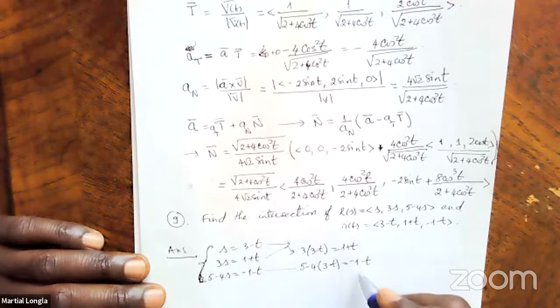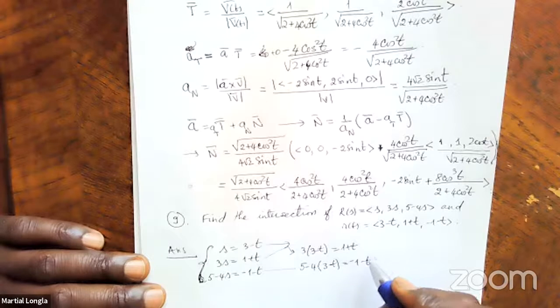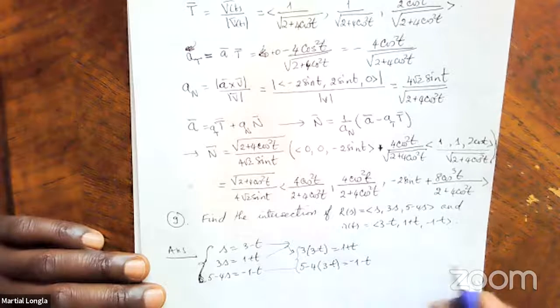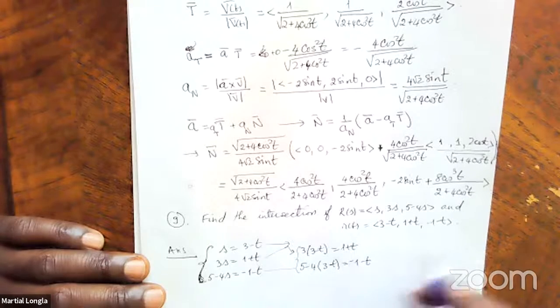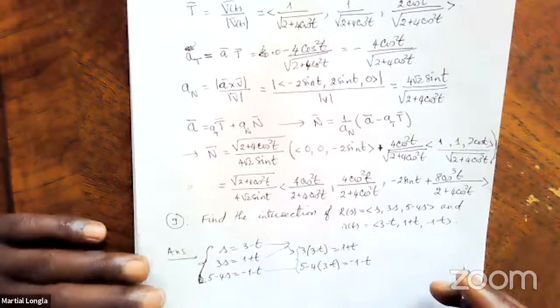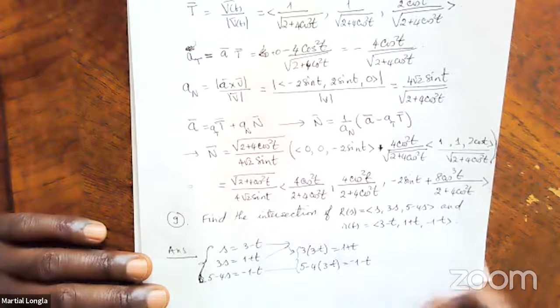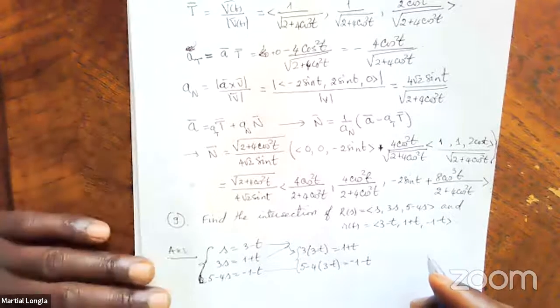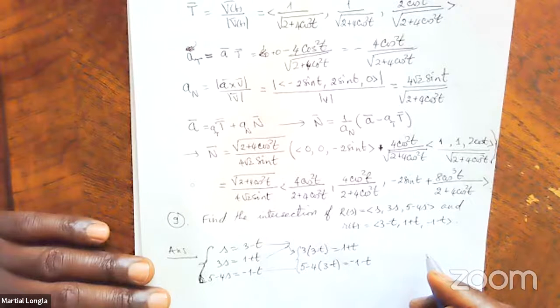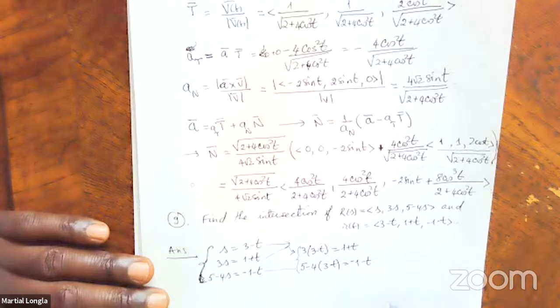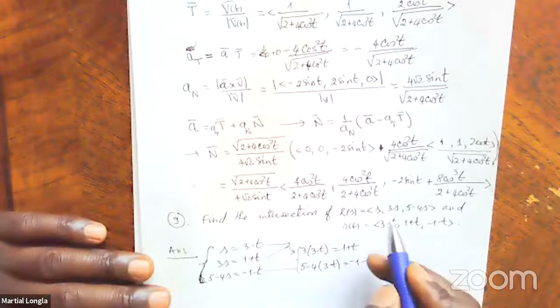And this system of two equations must have one single answer. If I have different t's in both equations, then there is no answer. If I find out that it's true for all t, the two equations, then the two lines are the same. If I don't find the same t in both equations, then there is no intersection.